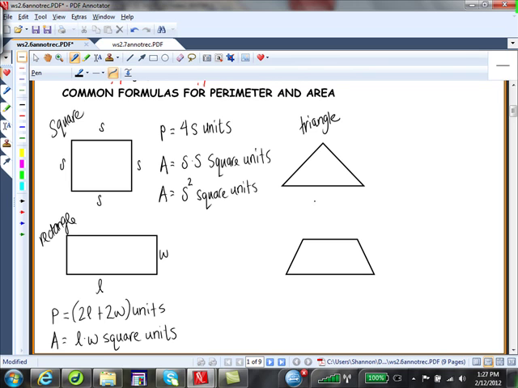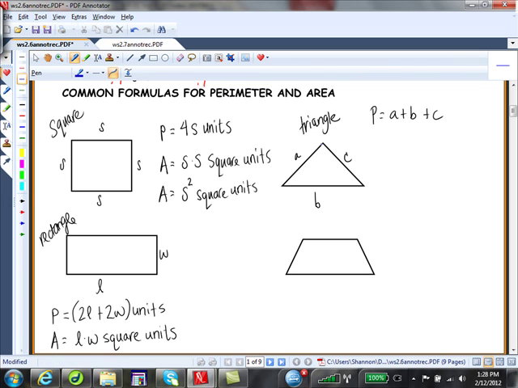Let's call this B for base, all right? And then we'll call this A and C. So do you see the perimeter is the sum of the sides of the triangle, which would just be A plus B plus C.